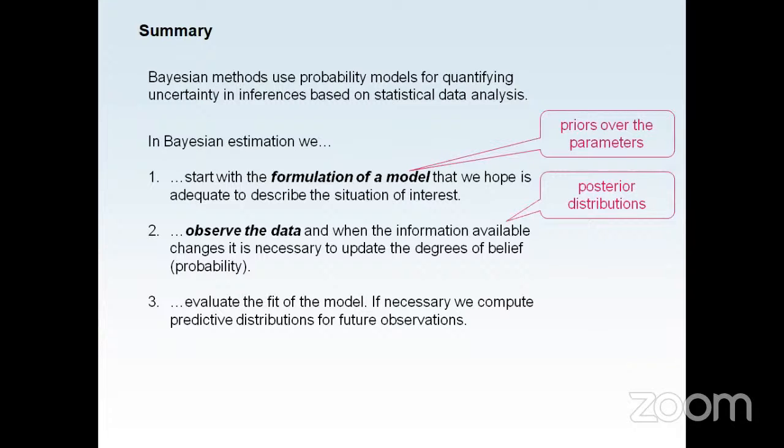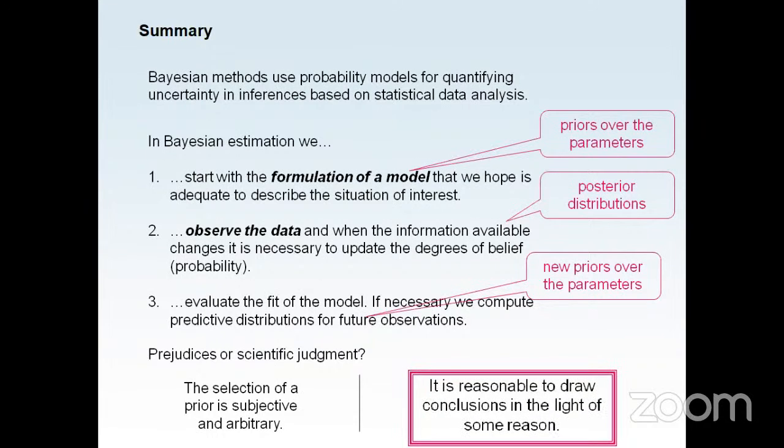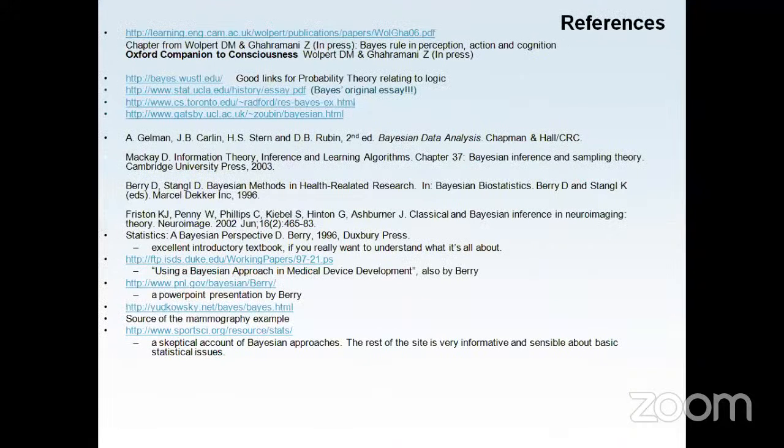If necessary, we compute predictive distributions for future observations. So prejudice or scientific judgment is where to check it. The selection of a prior is subjective and arbitrary, and it is reasonable to draw conclusions in the light of some reason.